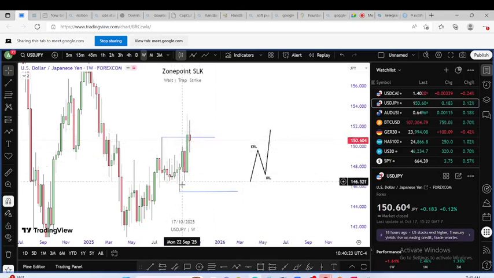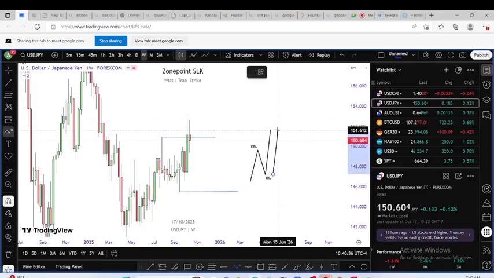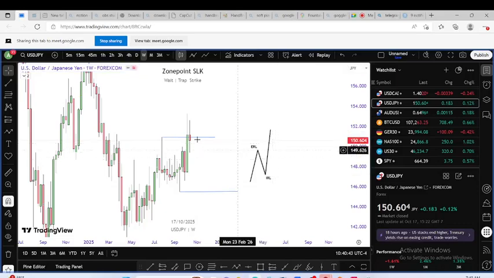So you know, price has already given us an expansion phase, because it has taken out this external range liquidity, which is this. Price has already given us this expansion leg. So now what are we expecting price to do? We're expecting price to give us another retracement before taking out this.